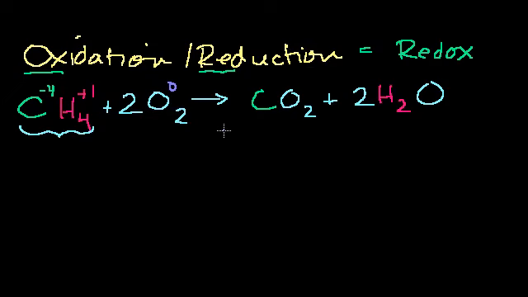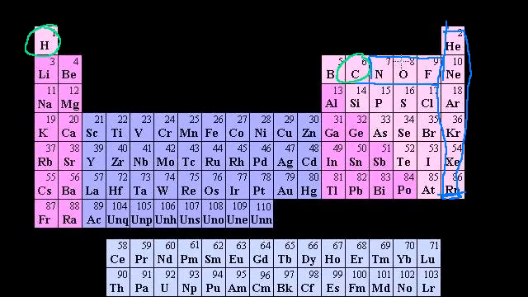Now, after the combustion occurs, what are the oxidation numbers? Well, I have oxygen bonded with carbon. 2 oxygens bonded with carbon. Now, we know oxidation was to some degree named after oxygen. It is one of the most electronegative. Almost anything bonded with oxygen is going to be giving up its electrons.